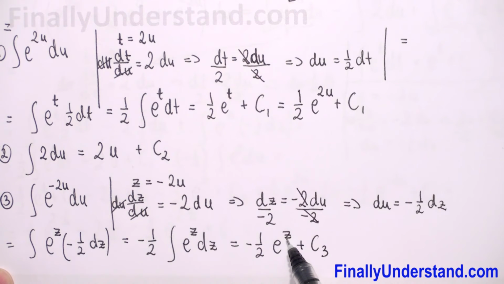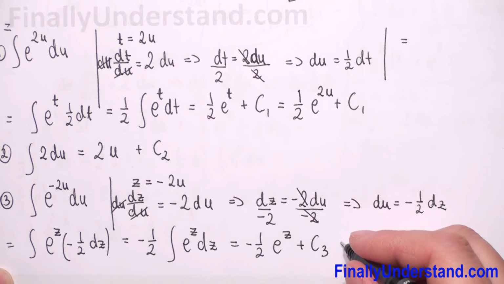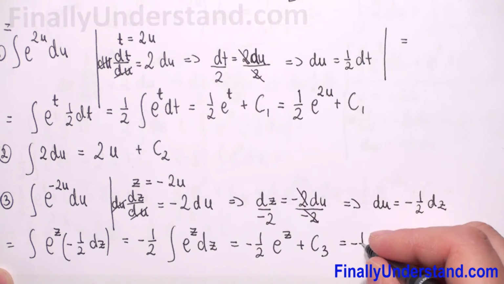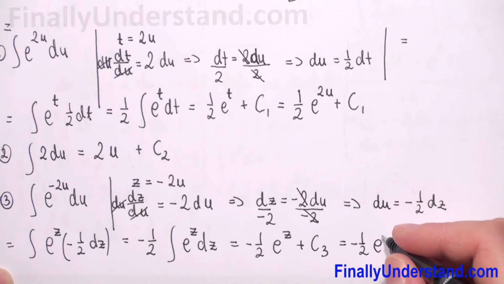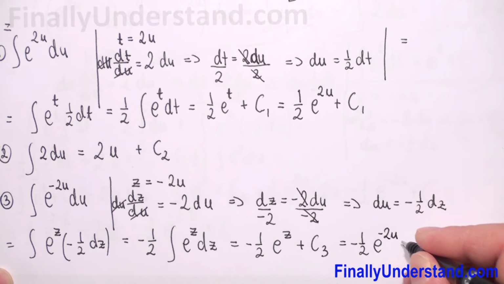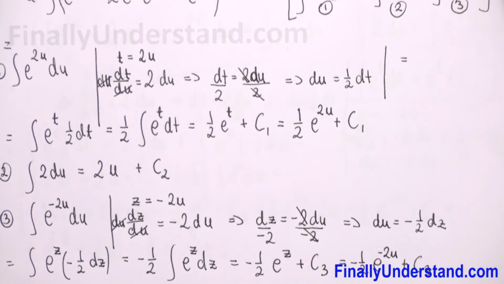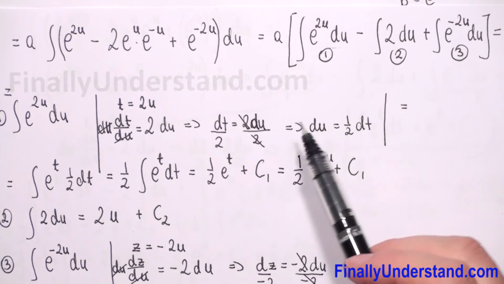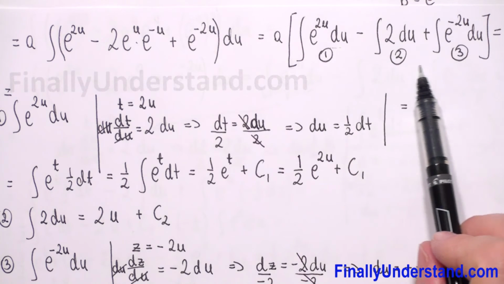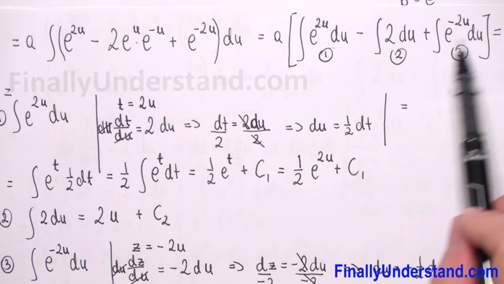So now we have to come back to our substitution. z is negative 2u, so this is equal to negative 1/2 e to the power negative 2u plus c3. So we've solved our three integrals which we have in brackets.